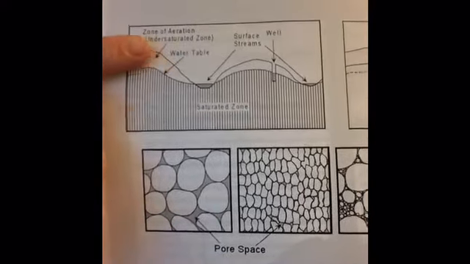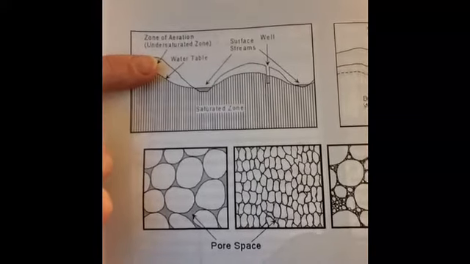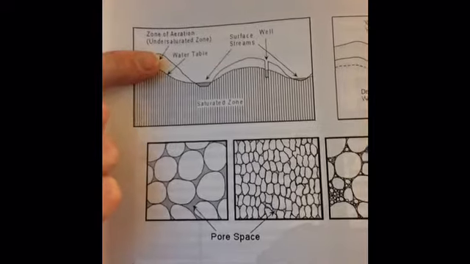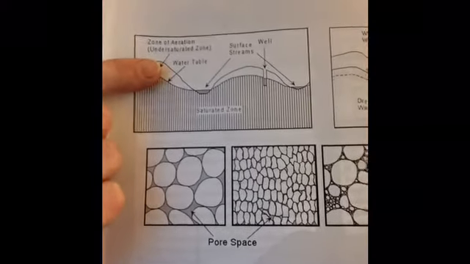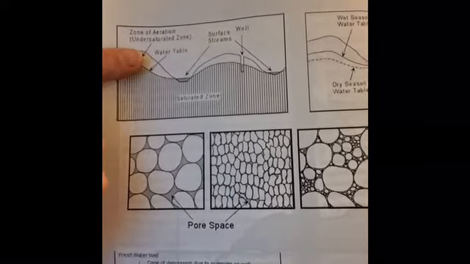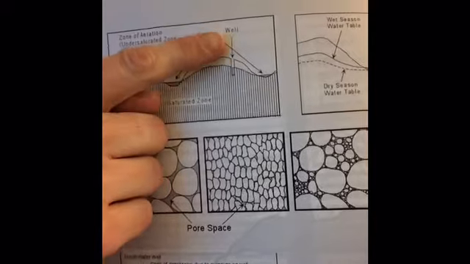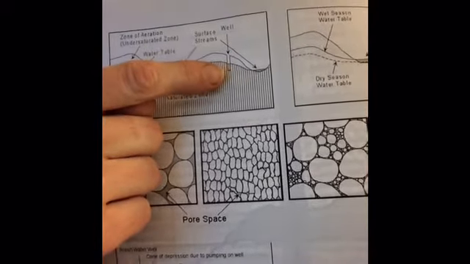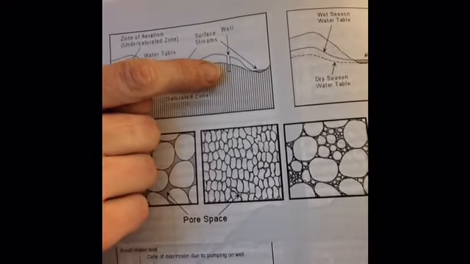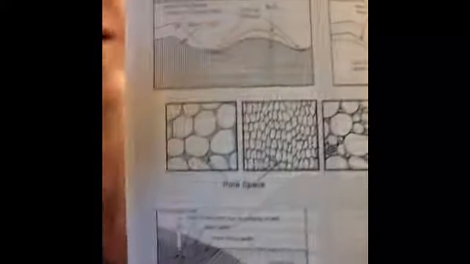Above the water table is the unsaturated zone, or the zone of aeration. And hey, let's say you live in an area where we don't have good sewers and good water pipes and things like that. You'll have a well. So you'll dig your well down into the zone of saturation, because that's where the water is. Otherwise, how would you get it?